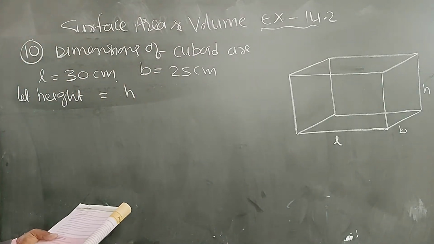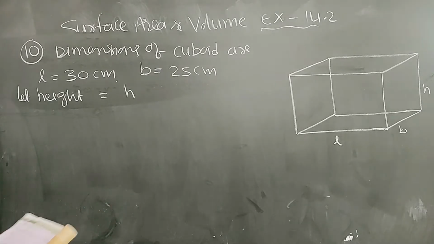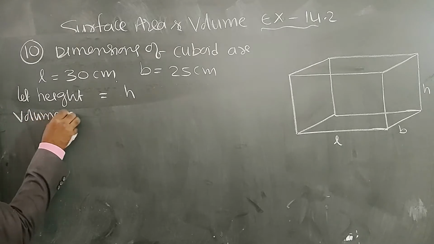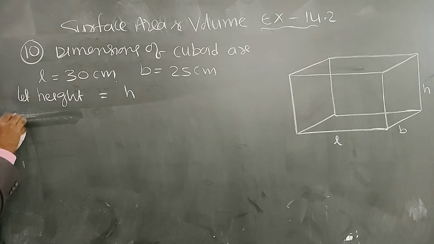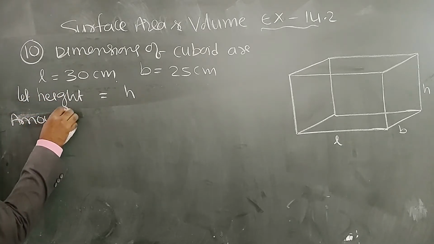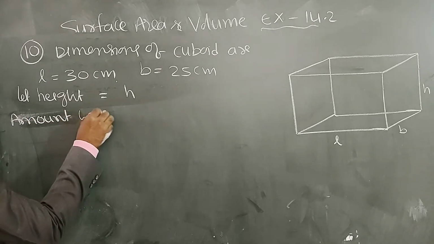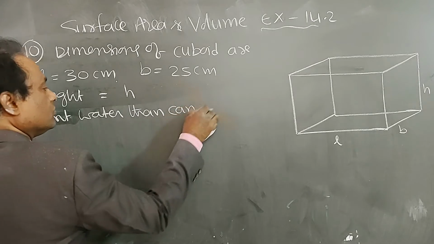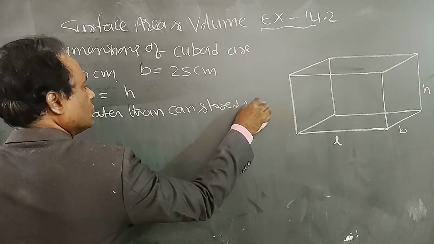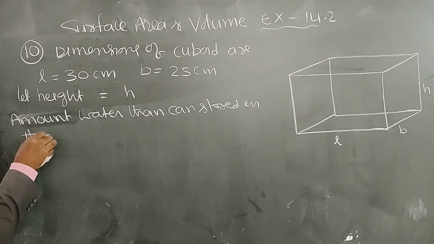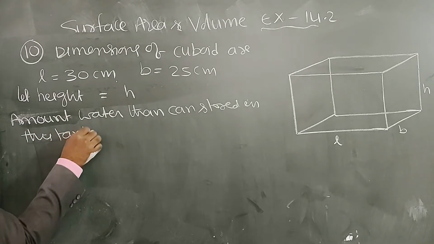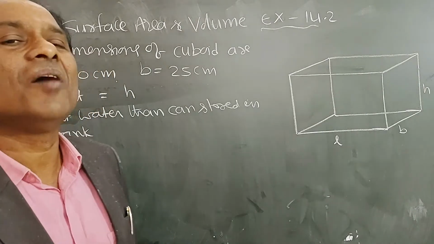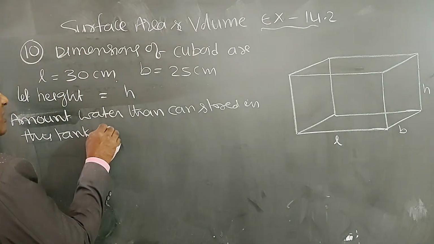So see here, the amount of water that can be stored in this tank. How much water can we store in this tank? Amount of water is nothing but volume.